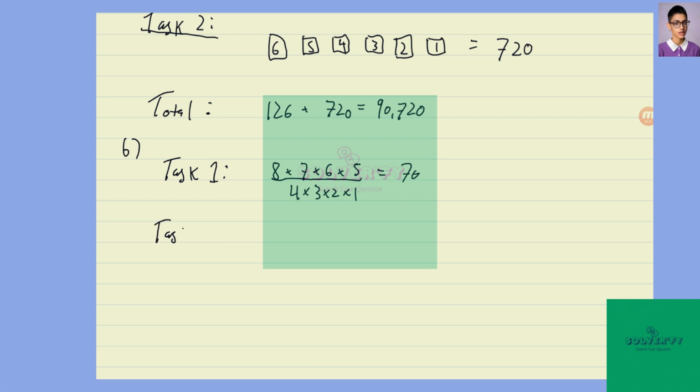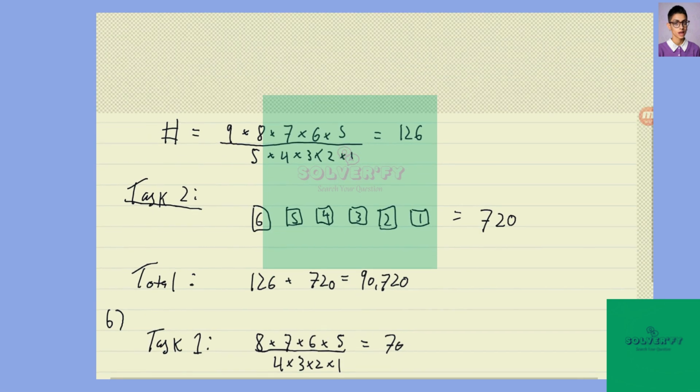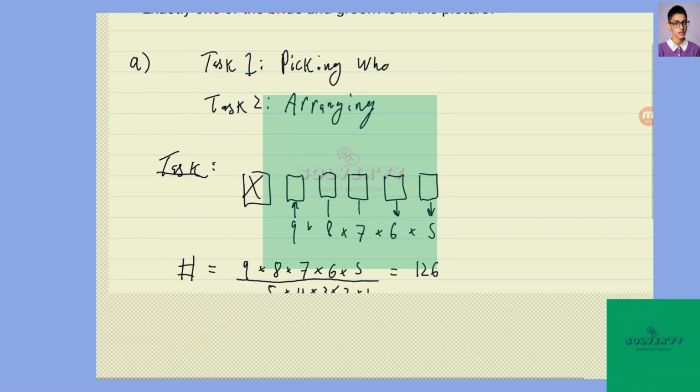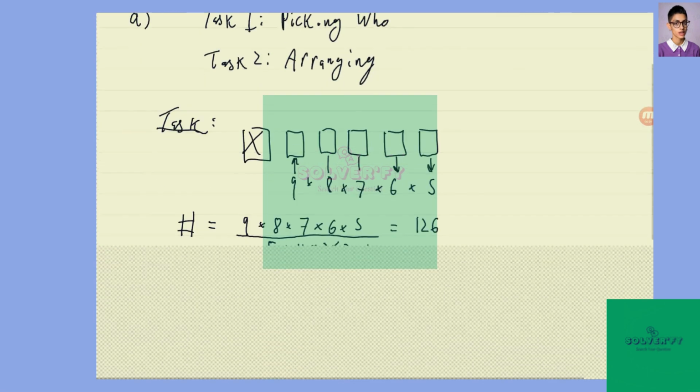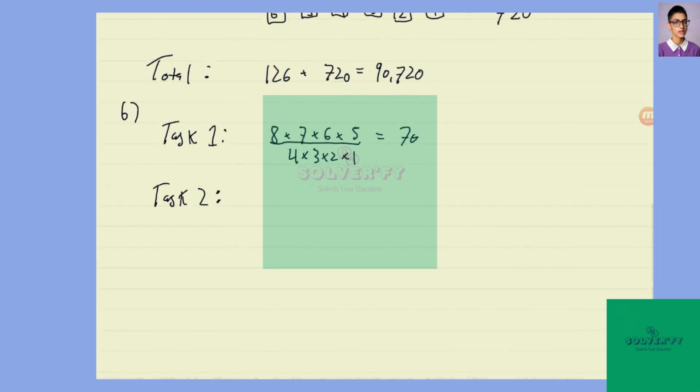And then for our second task, we'll have, similar to before, the arranging step. Well, we know that the bride and the groom have to be included in this, but we're not told anything about where the bride and groom have to be.